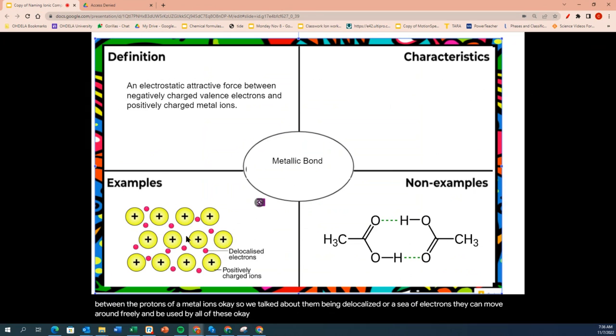Okay, so the metallic bond is the bonds of the same type of atoms together, all the same atoms, but then the valence electrons are free to move around. So the electrostatic force, that's like an ionic bond, between negatively charged electrons and the positively charged protons. So a non-example would be this hydrogen bond.